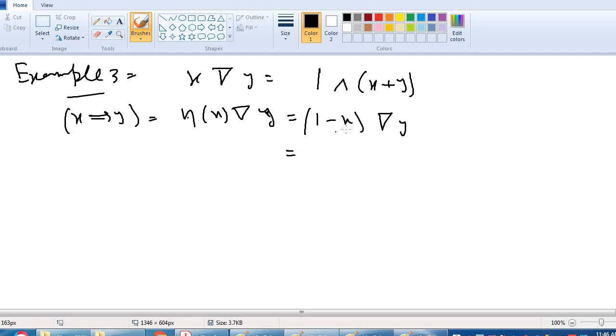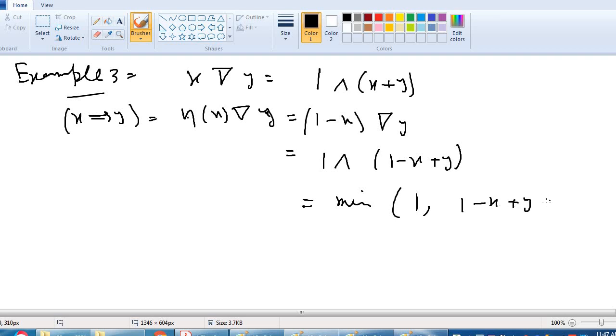So it will be min of 1 and 1 minus x plus y. This is the formula for it.